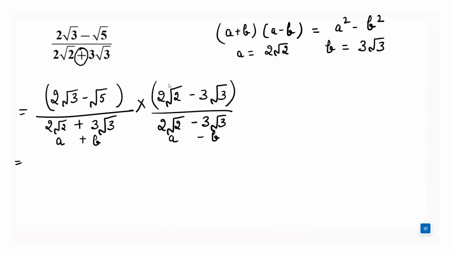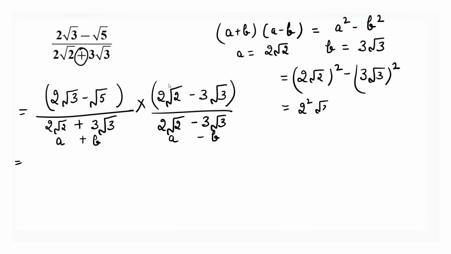So if I have to calculate A square minus B square, I'll put the values here: 2 root 2 its square minus 3 root 3 and its square. Once we do the square, 2 square root 2 square minus 3 square root 3 square. Rules of indices we have to use here.